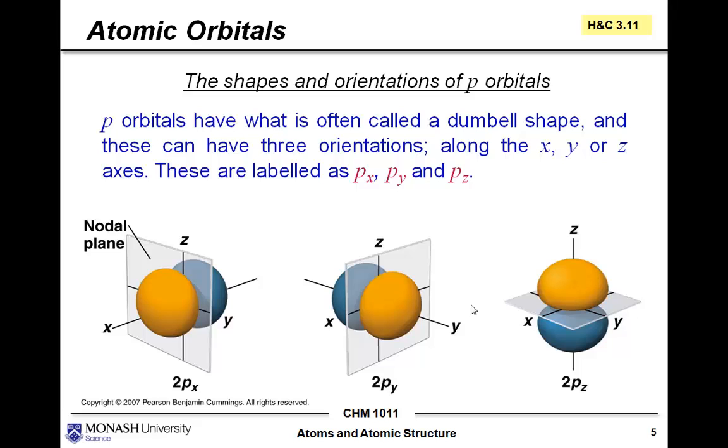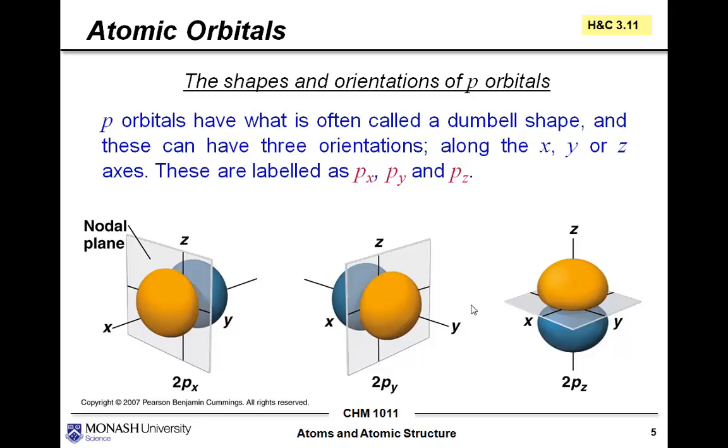P orbitals have what is often called a dumbbell shape, and these can have 3 orientations along the x, y, or z axes. And as you can see, these dumbbells are aligned along the 3 axes, and that's where they get their names from. So the 2px atomic orbital, in this case in the figure, is aligned along the x-axis.